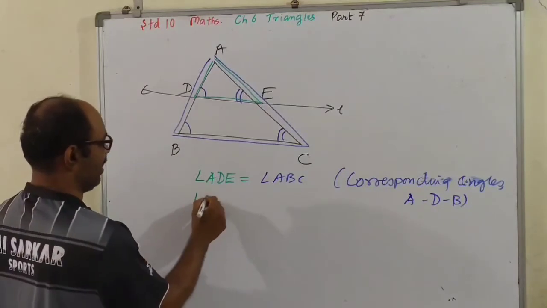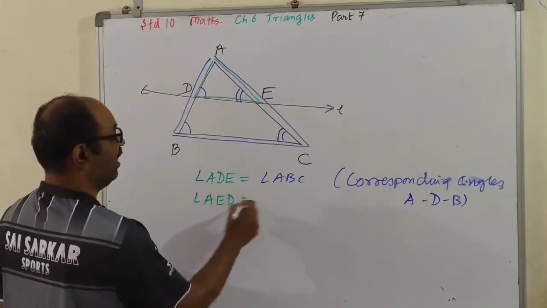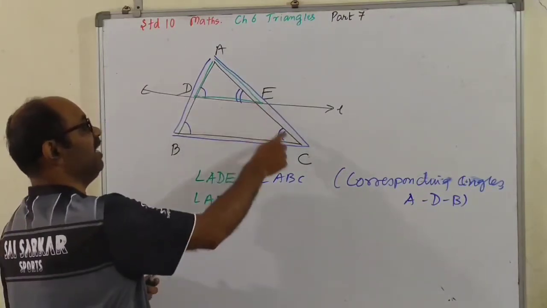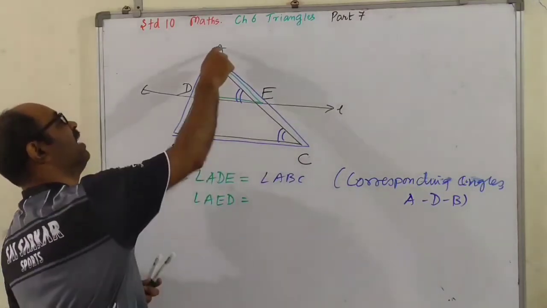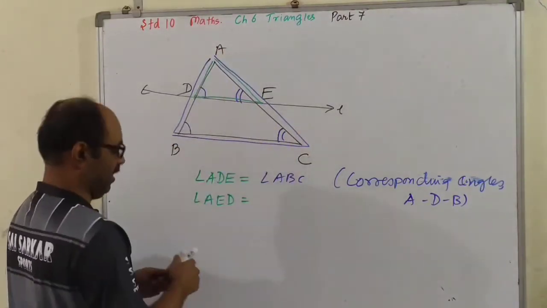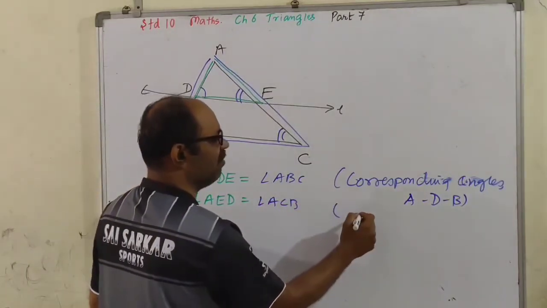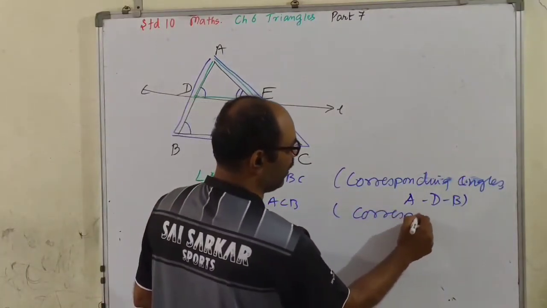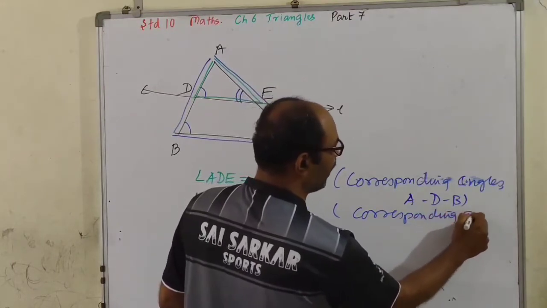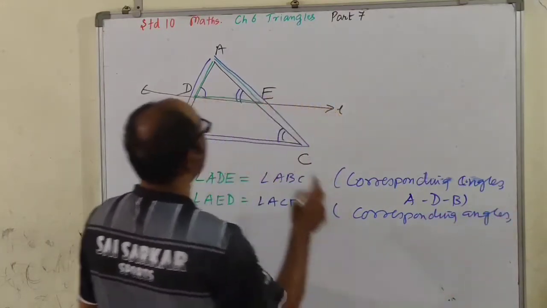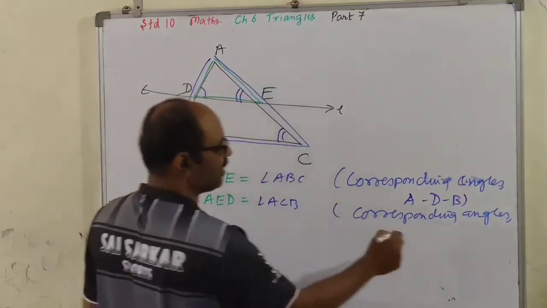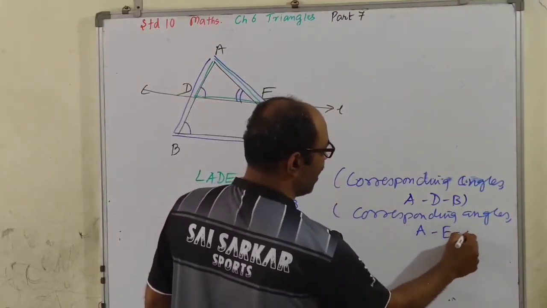AED. Angle AED is equal to angle ECB, but I can write directly ACB, blue angle ACB. The same reason: corresponding angles. And here it is A-E-C.